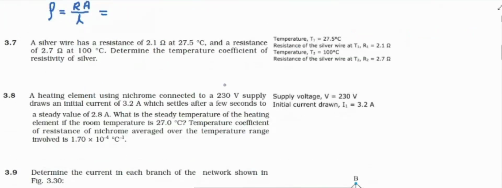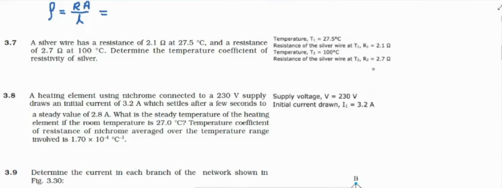Question 7. A silver wire has a resistance of 2.1 ohm at 27.5 degrees Celsius and a resistance of 2.7 ohm at 100 degrees Celsius. Determine the temperature coefficient of resistivity. Okay, here first you have to find the value of R naught. Temperature T1 is given and T2 is given.